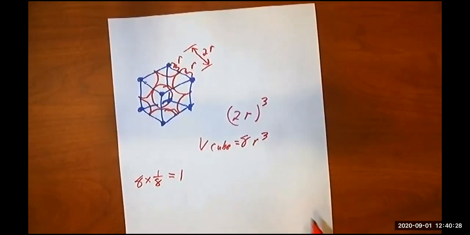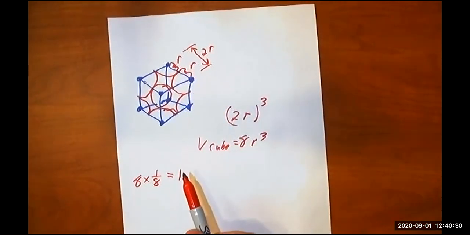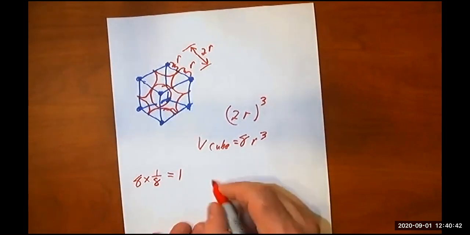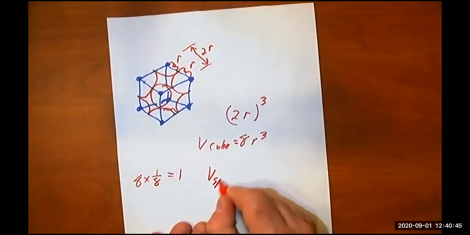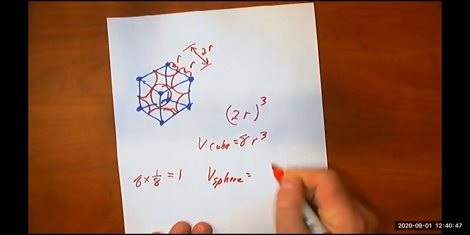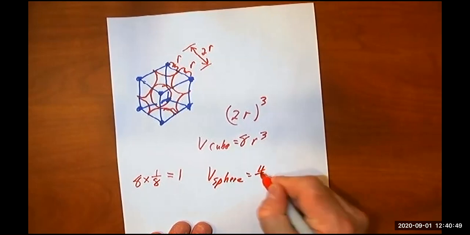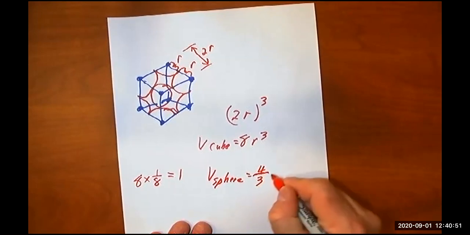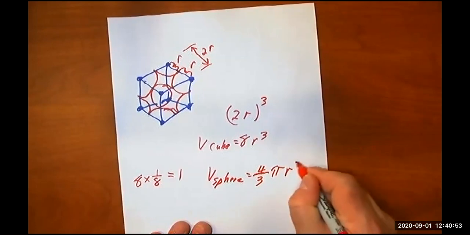Now, we know we have r already. What is the volume of a sphere? Anybody remember that formula? 4/3 pi r cubed. Yep. So the volume of the sphere is, if I write it correctly, 4/3 pi r cubed.